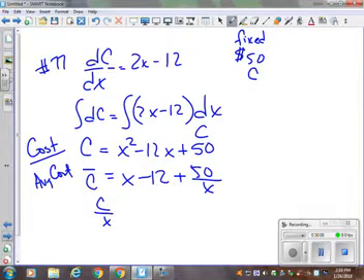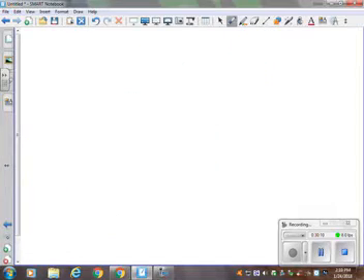Number 79 is about revenue and demand. Now with the revenue and demand problem, they're asking us to find those two functions given the marginal revenue. So we're going to start off with number 79 with dR over dx equals 100 minus 5x.